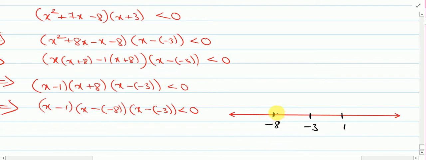Because of these three, we are getting how many intervals? 1, 2, 3, 4 intervals. So now you can draw like this.